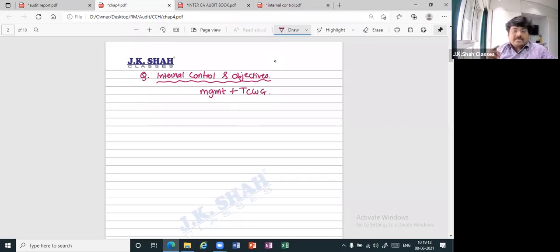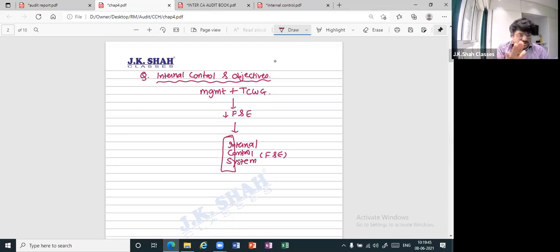So it is the primary responsibility of the management and the TCWG to reduce frauds and errors, and they will carry this out by setting up a system, a system which will control the frauds and errors. But is the system outside the organization or inside? Ultimately the system is internal, and therefore the name given to the system is internal control system.